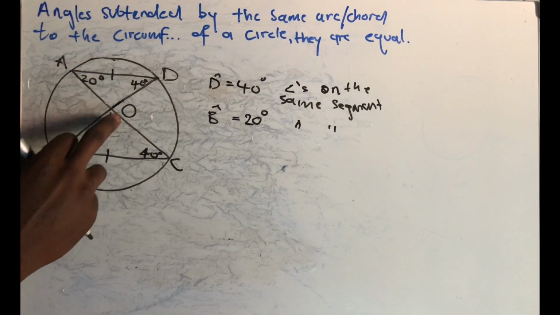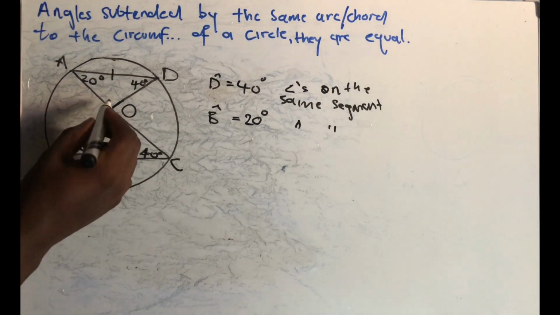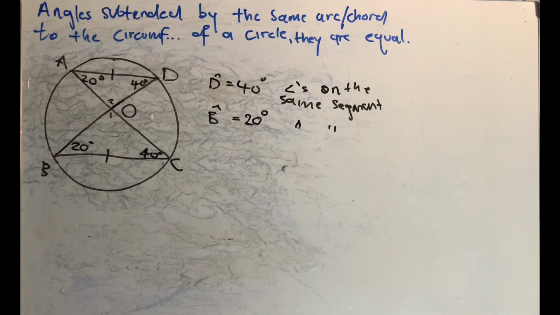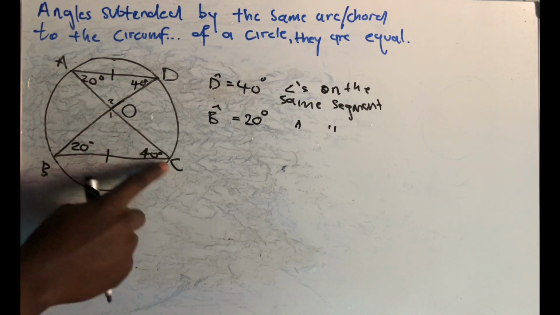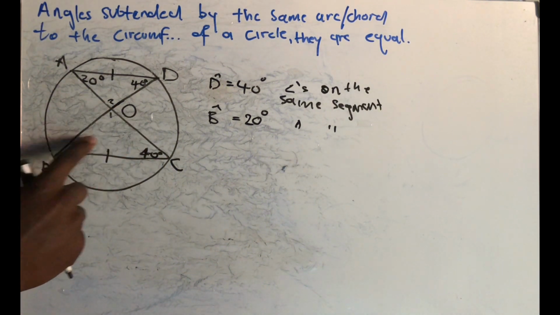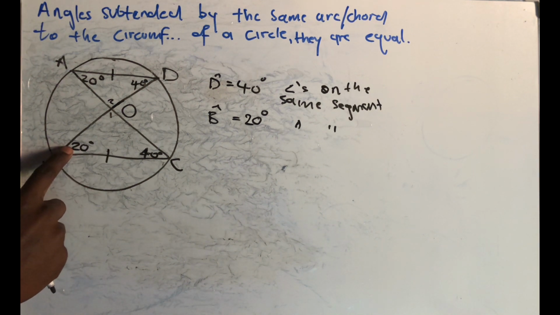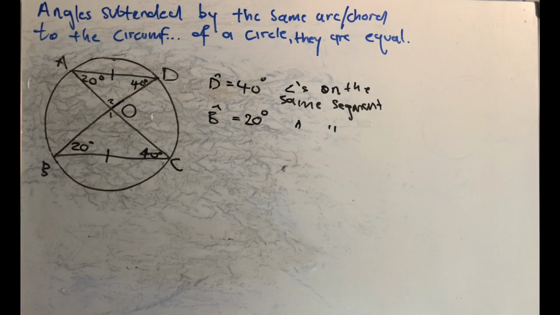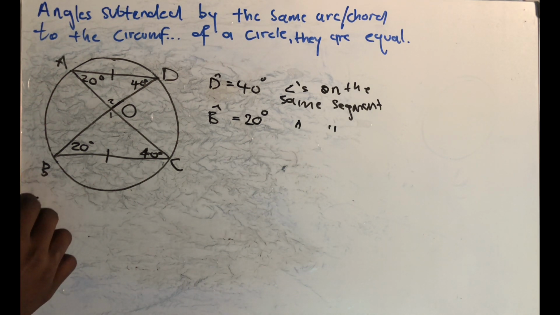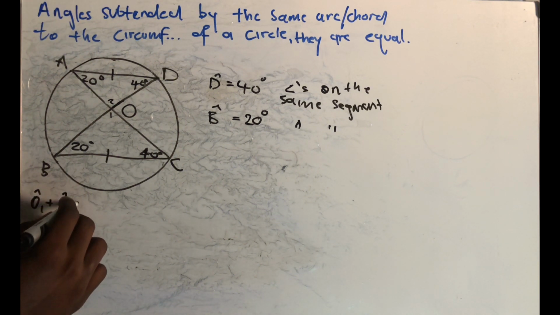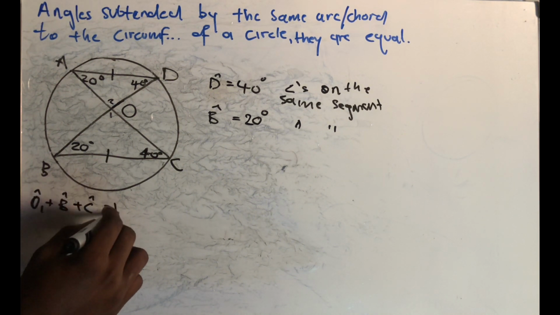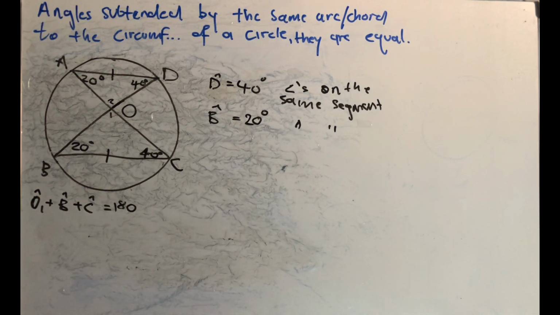We want to find angle O1. Let's say this is angle O2. If we look at the triangle BOC, we can see that we already have two angles of the triangle and only one left. So angle O1 plus angle B plus angle C equals 180.